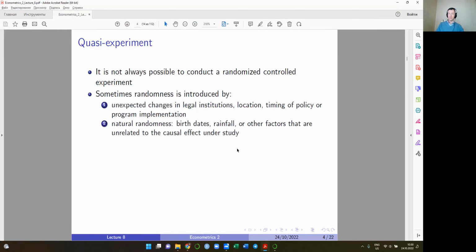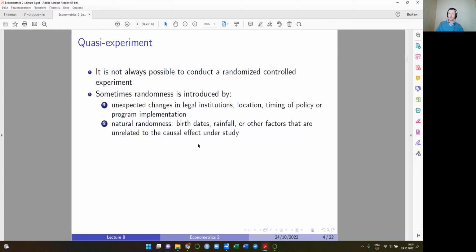Natural randomness occurs because of some natural disasters or probably just by chance. So birth dates. When the child is born is more or less random. It is not very simple to predict that the person is going to be born on the exact date. There is always some randomness here. Rainfall, the level of rainfall. Some other factors like flood, maybe hurricanes, maybe earthquakes.